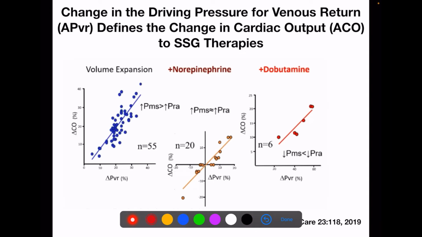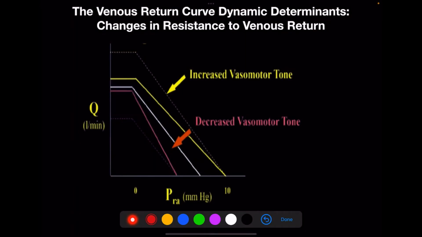What dobutamine does is reduce the right atrial pressure by improving the contractility, thereby maintaining increased driving force and improving the cardiac output. However, the vasomotor tone of the vessels is slightly different when patients are on vasopressors.